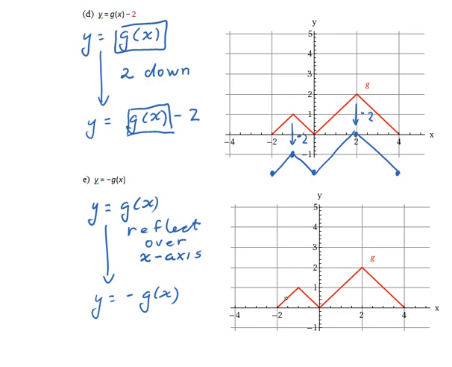The points on the x-axis will not be affected because when we multiply those y values, 0 times negative 1 is still 0. But negative 1, 1 will go to negative 1, negative 1, and 2, 2 will go to 2, negative 2.